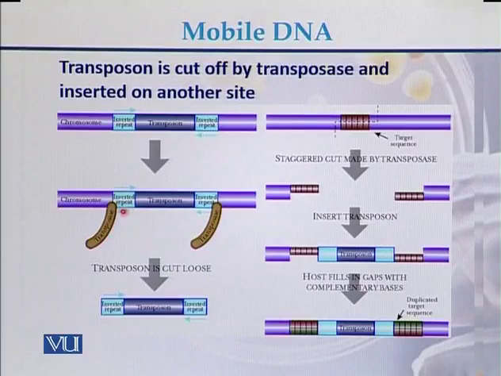Once it is cut from the original location on the genome, this transposon, which has a gene for transposase, identifies the host region or the location where the transposon has to integrate, and it cuts that target sequence, and ultimately the transposon is inserted into that target region.